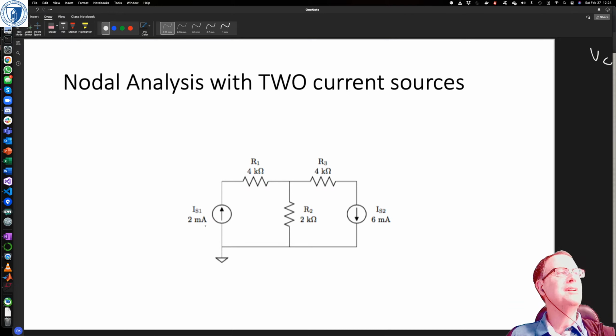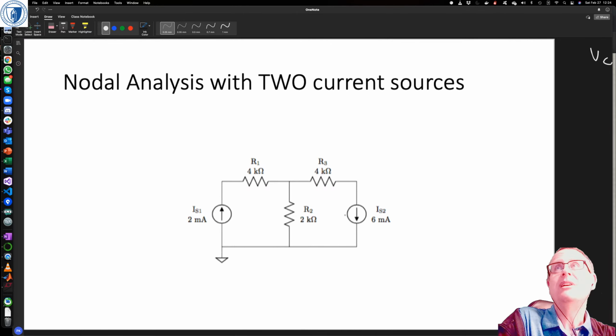So, does anybody have any guess what's going to happen with this circuit? Well, it's right. You've only got current sources, right?